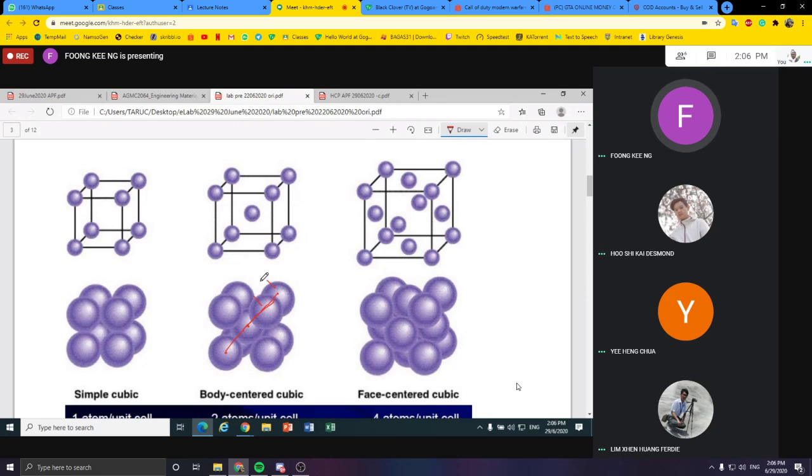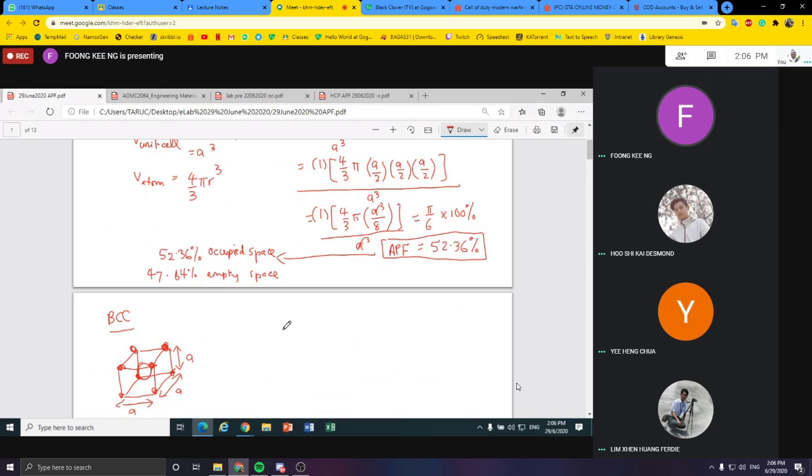This is 1 R, one whole atom on its own. How many are there? 2 R. This is half of it, only 1 R. So this whole line is 4 R altogether. What do you call this line? Going back to your diagram, this is called the body diagonal, because it's a crossover diagonal.